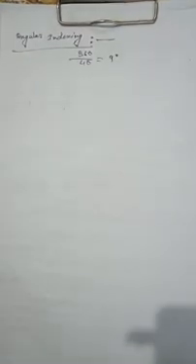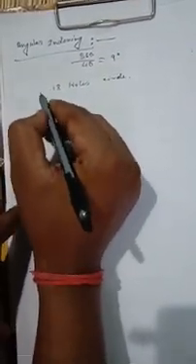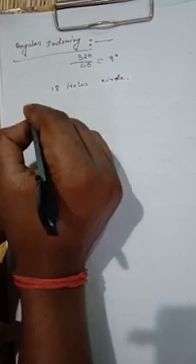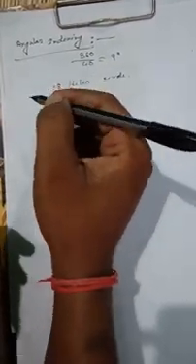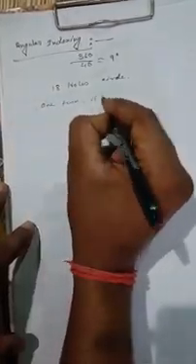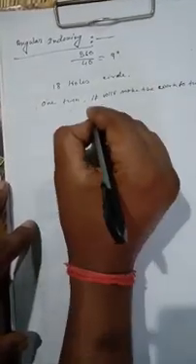Now let us consider the 18 hole circle. If the crank is moved through 18 holes on the 18 hole circle, that means one turn will make the work turn through 9 degrees.